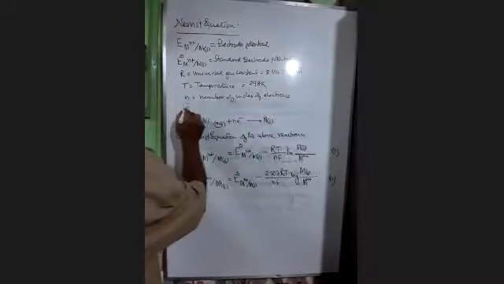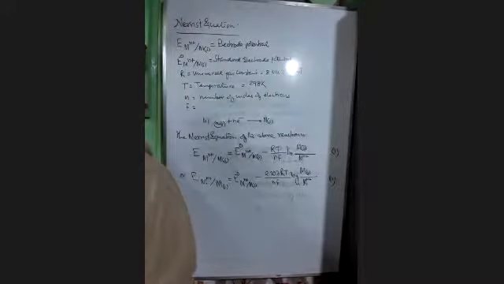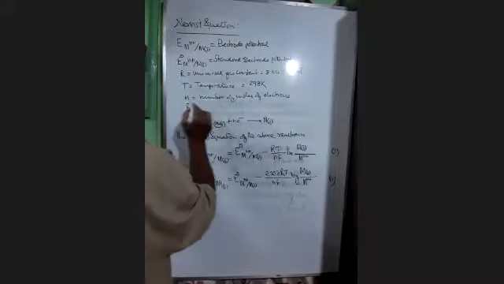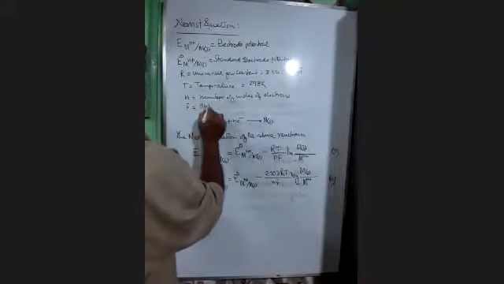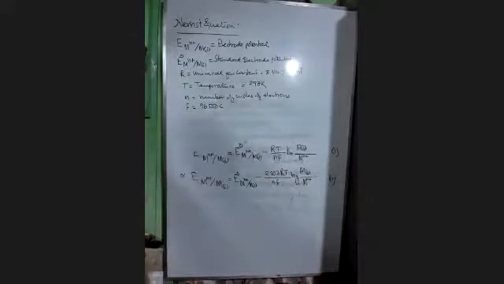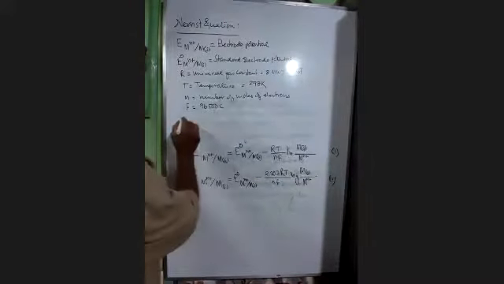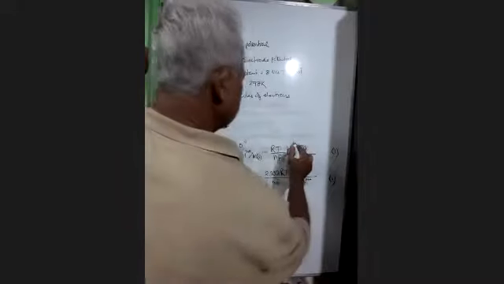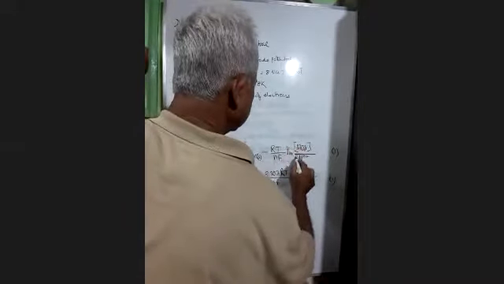Now, F is what? F is 96,500 coulomb. Now, oh sorry, this I have to put in a bracket because it is a constant.